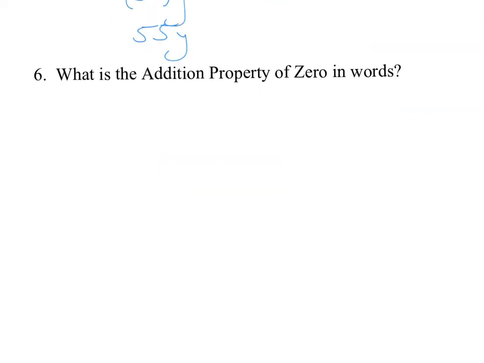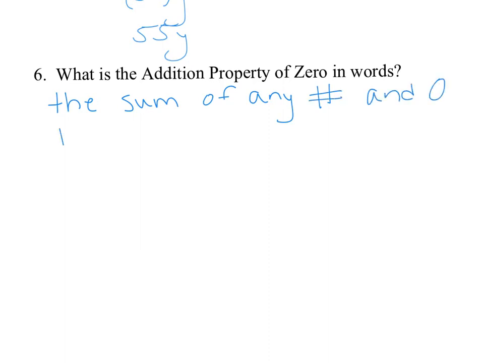Now the next property we're going to look at is the addition property of 0. So, in words, that means the sum of any number and 0 is that number.